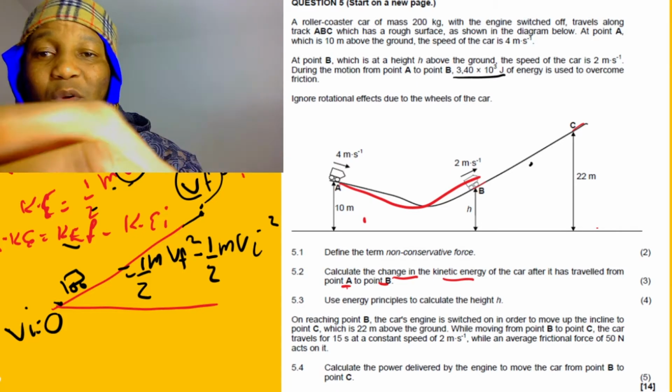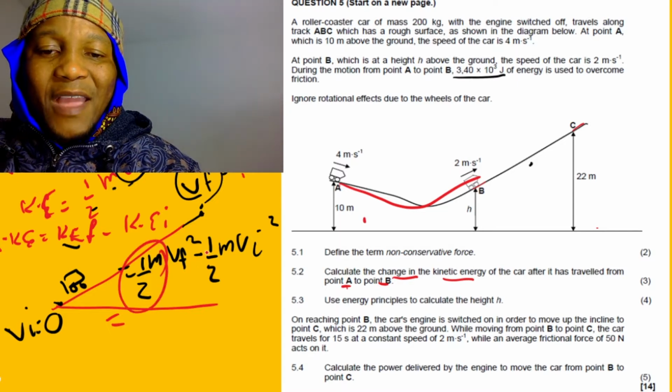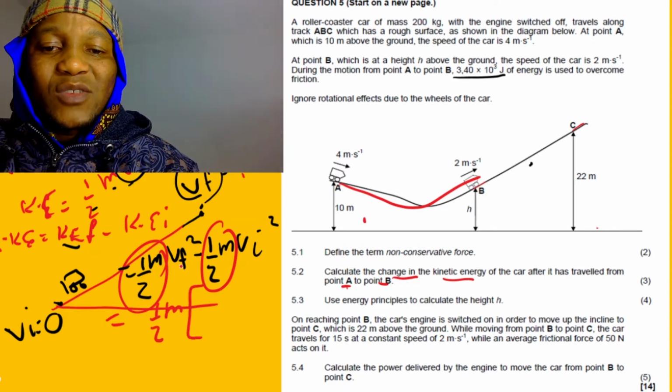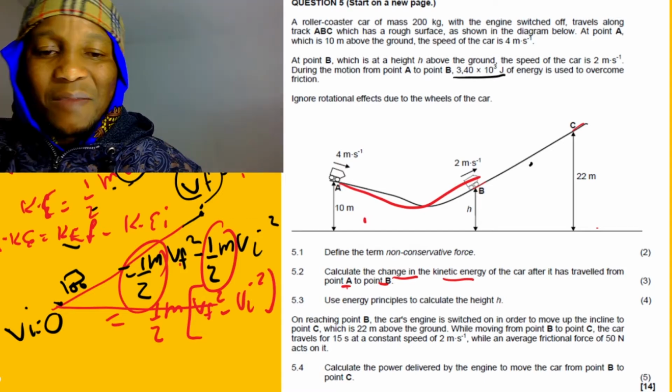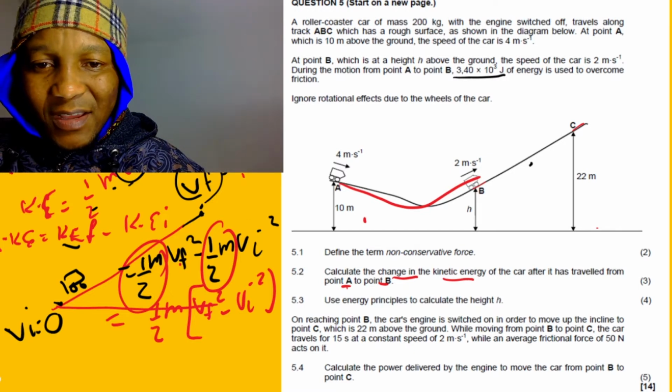Okay. So now we want to find the change in kinetic energy, and then we say, look, a half m and a half m are the same. I'll factor out a half mass, and I'll be left with the velocity final minus velocity initial, squared. So we can simplify by substituting the values.